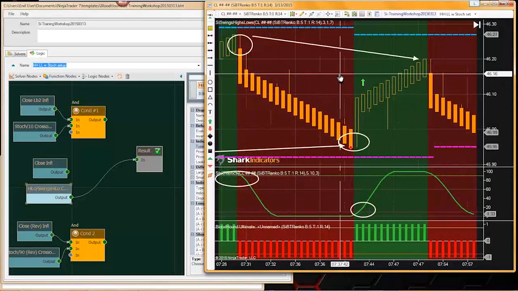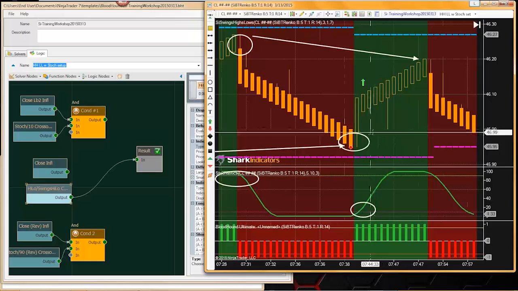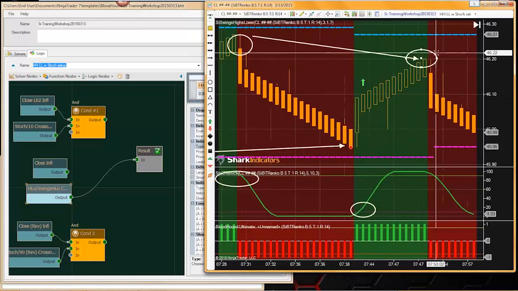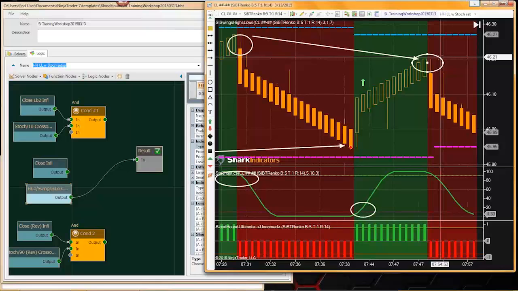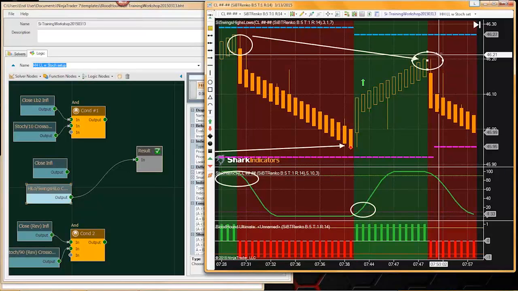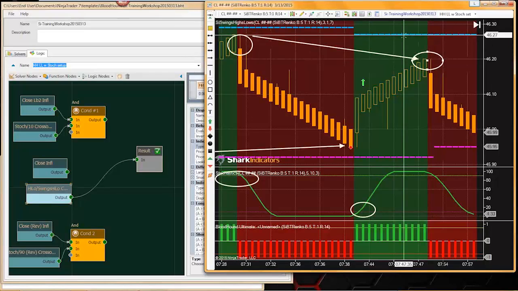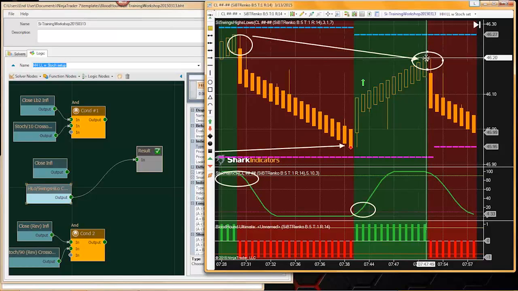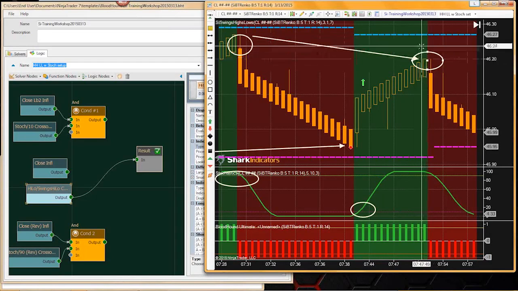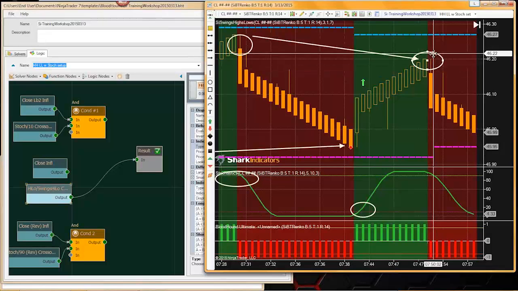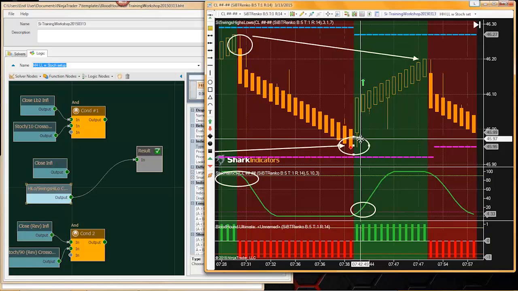So I think this over here would also be an example for a short signal. So we would be comparing the high of the bar to the high swing point, that high swing line, and making sure that the high is below it for a short trade, to create the opposite trade setup.